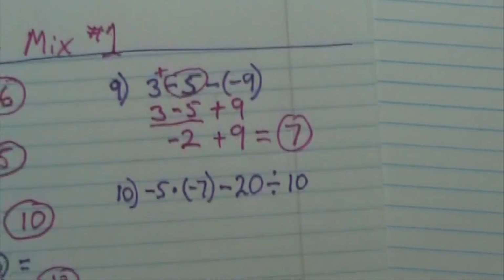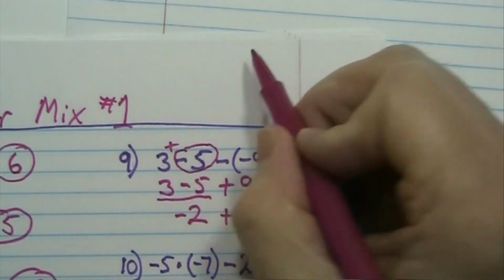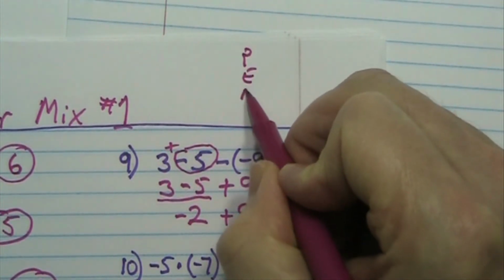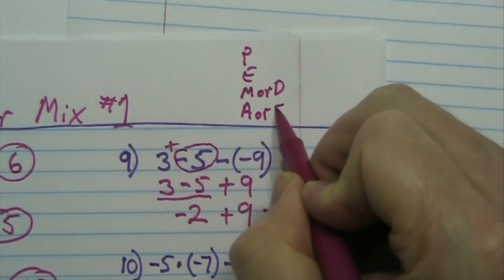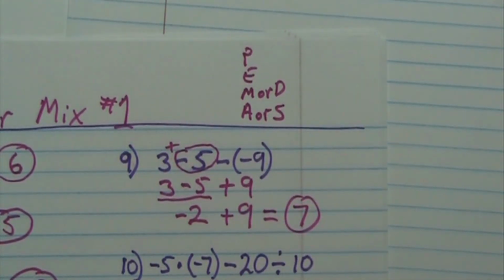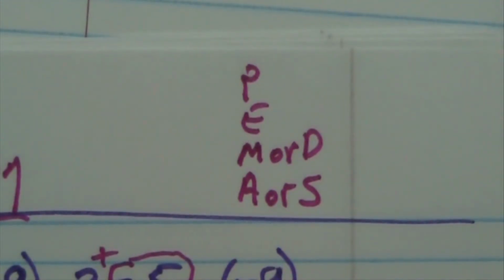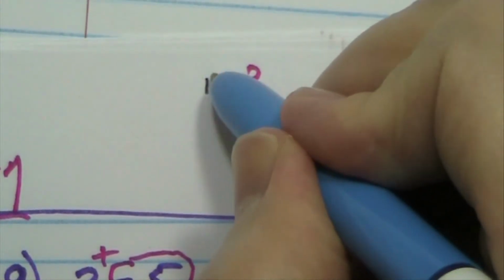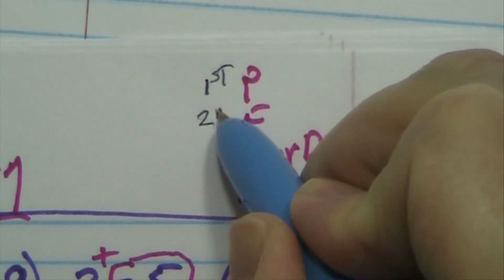Okay, I'm going to write something at the top of my paper, and I wish you would do this also. And this was order of operations. In case you remember, you remember PEMDAS? And I write mine a little bit differently. Remember you have parentheses. This is the first thing you do. Exponents, that would be the second thing.